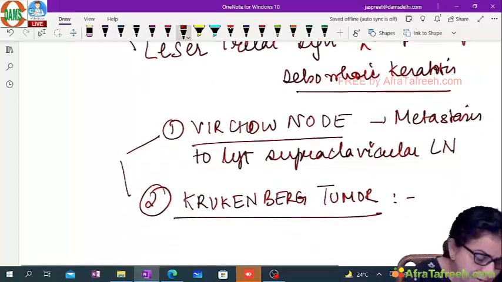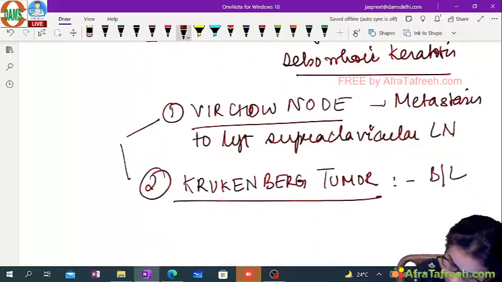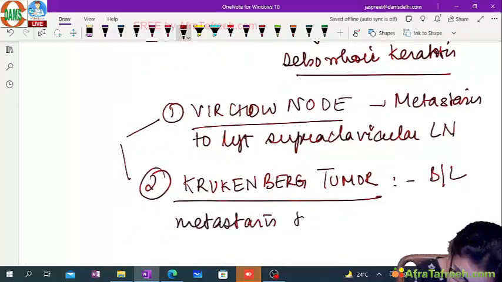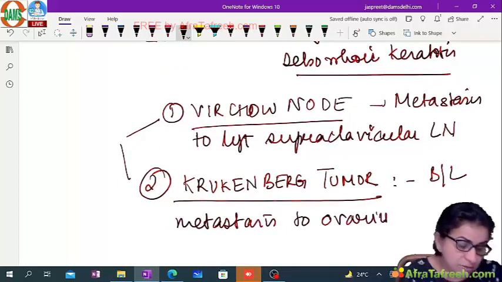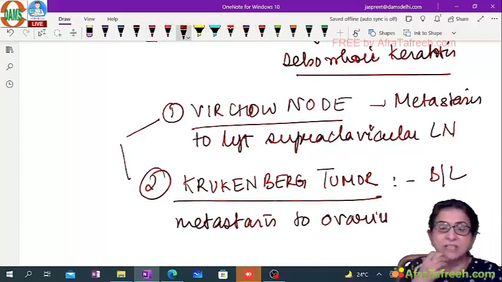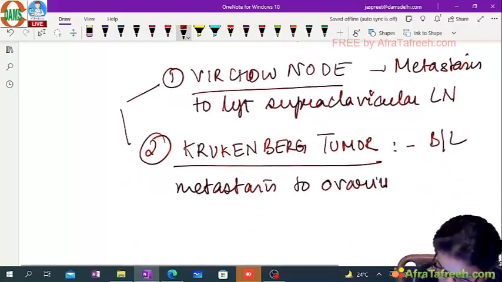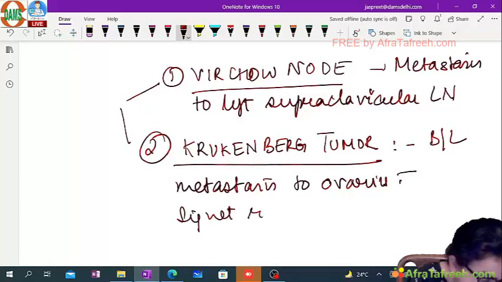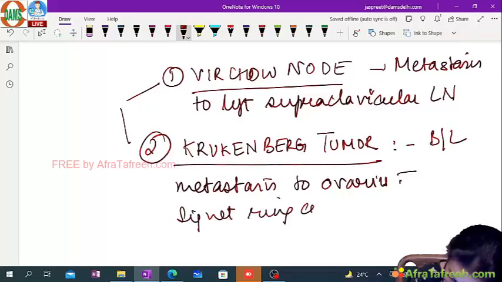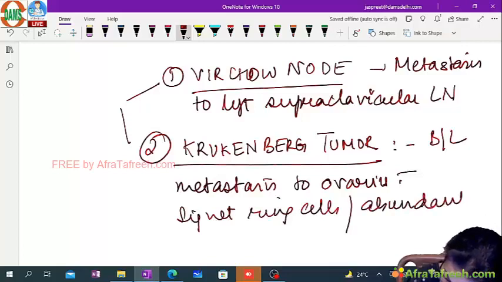Krukenberg tumor is bilateral metastasis to the ovaries. The tumor goes to the ovaries, and you will see signet ring cells, mucin producing cells, in the ovaries, or there will be abundant mucin secretion.